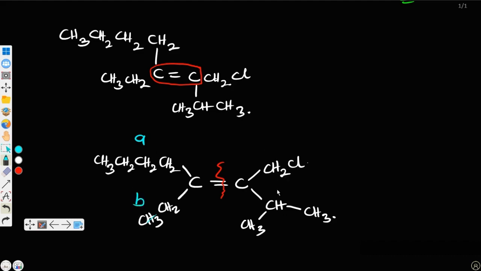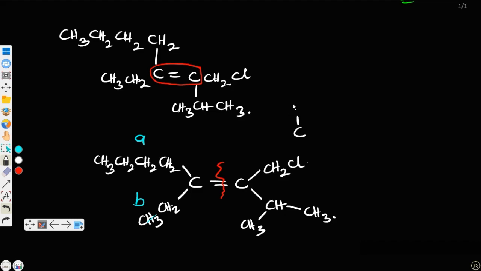Now let us consider these two. Which of them do you think will have the highest priority? Is it this or this? One way I would love to do this is to draw all the atoms that are actually bonded here. What do you have here? You have carbon.